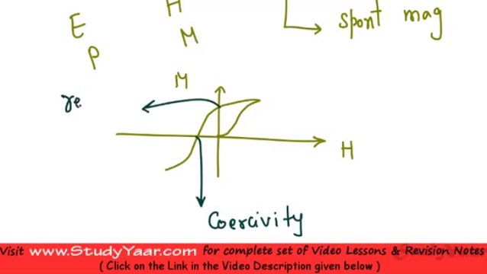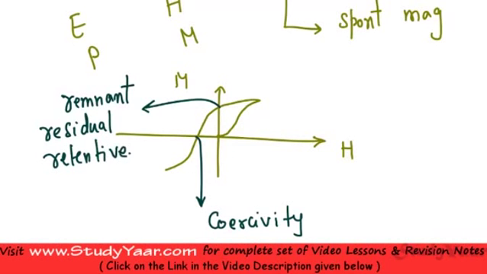This is known as your remnant magnetization or residual magnetization or retentive magnetization. Corresponding to this term we have what is known as retentivity. It is the amount of magnetization retained or present when there is no magnetic field.